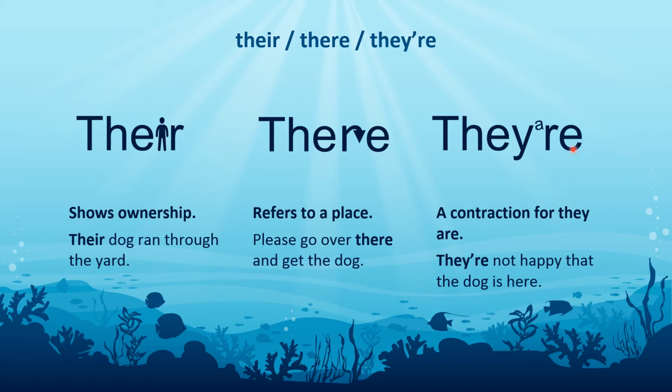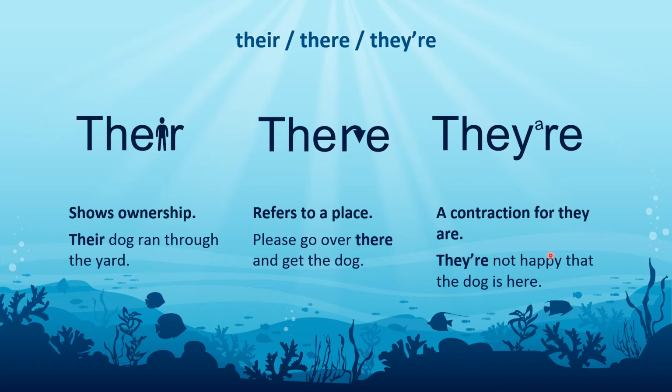So if you are using the contraction of a word, you must check that it is correct by, in your head, reading it aloud without the contraction. So instead of thinking to yourself, they're not happy that the dog is here, you would think, they are not happy that the dog is here. It sounds good. It keeps its meaning.